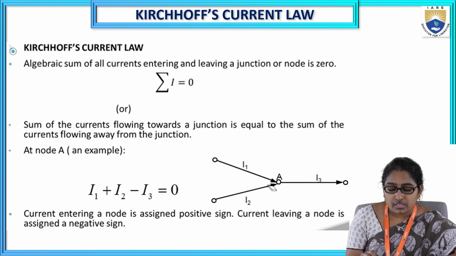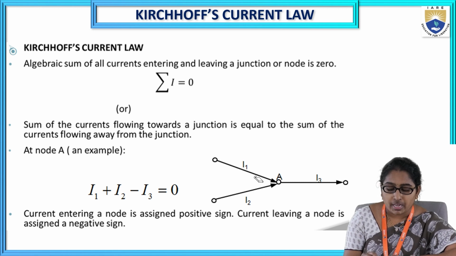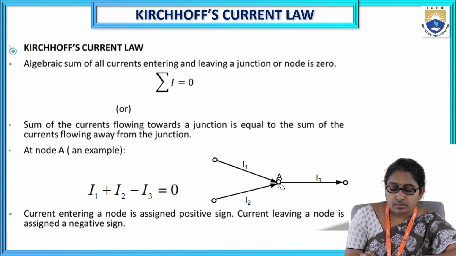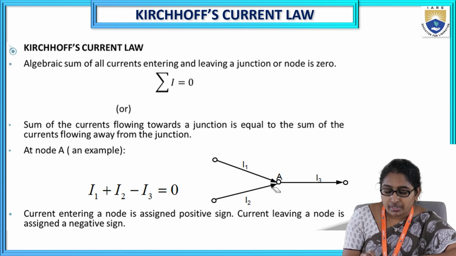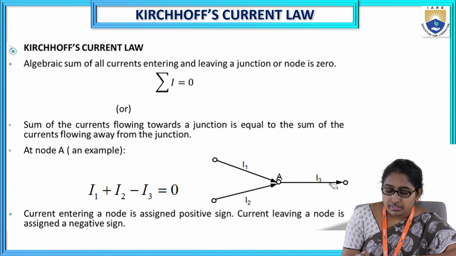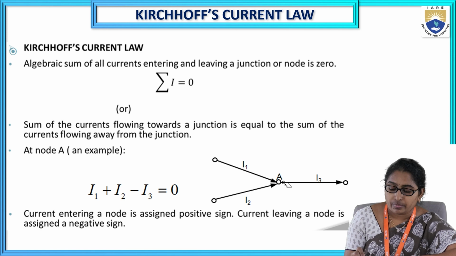Out of the three currents, I1 and I2, based on their direction, are coming towards node A, so the arrows are shown towards node A. So we say that I1 and I2 are the entering currents at node A, and I3 is the leaving current. I3, based on its direction, is flowing away from node A.